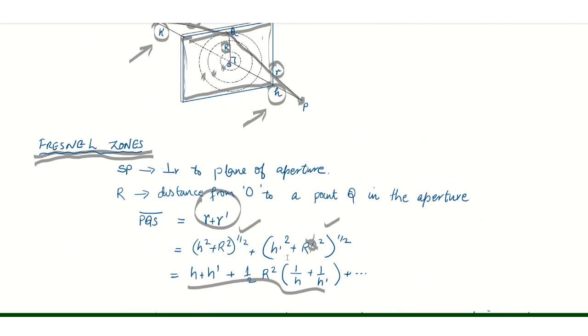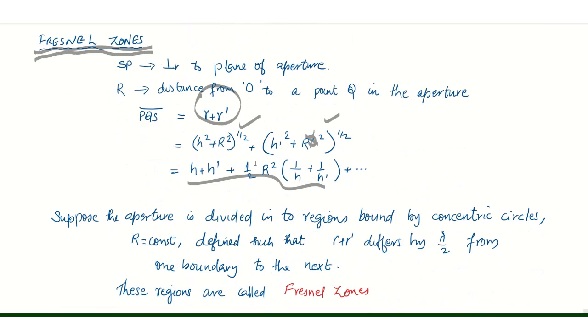And the radii of these, okay, let's say this is R1, then you have R2, then you have R3, etc. The radii are such that R plus R prime differs by lambda by 2 from one boundary to the next boundary.